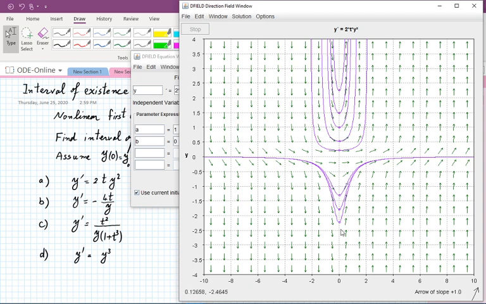We never saw that if we go up and down, we get a different interval of existence. If you stay on a vertical line, your interval of existence does not change. So this is quite a different situation. For y prime is equal to 2ty squared, we see a situation where there is no limitation on the solution in one place, while there is one in another.